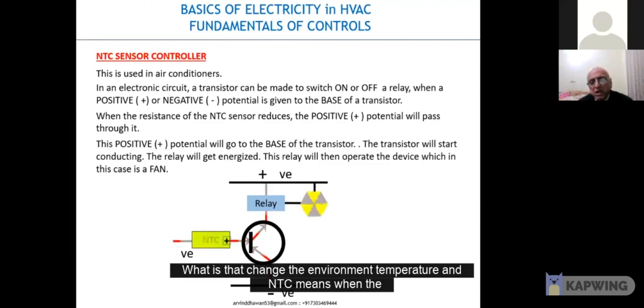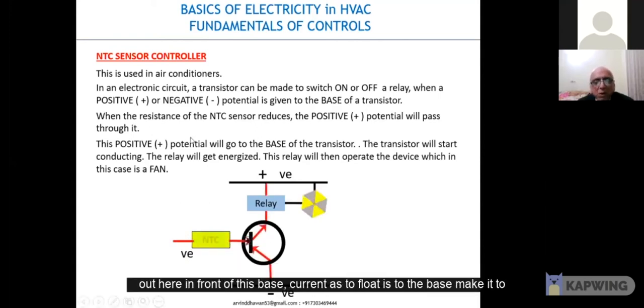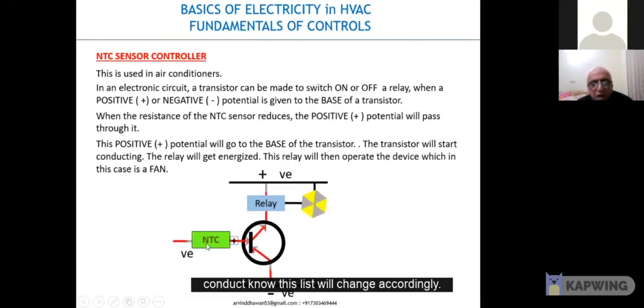What is that change in the environment temperature? NTC means when the environment temperature increases, its resistance decreases. Fine. So I put the resistance out here in front of this base. The current has to flow to the base to make it conduct. Now, this resistance will change accordingly.